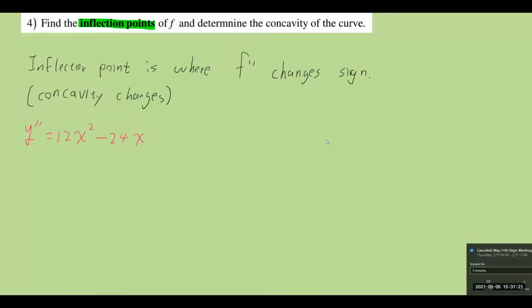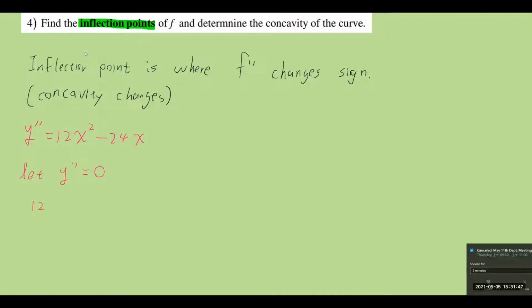To find the inflection point, we want to find out what are some possible points of inflection, right? So we first need to find out where are some possible points that f double prime changes sign. And we know that if f double prime has to change sign, it has to cross 0 somewhere, right? So we're going to start by looking at where f double prime is 0.